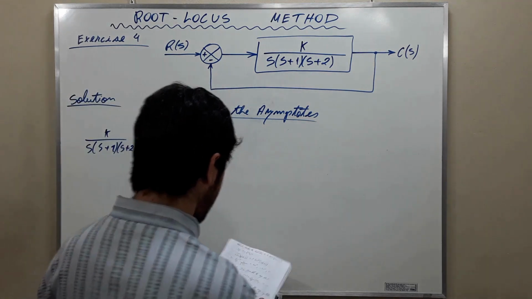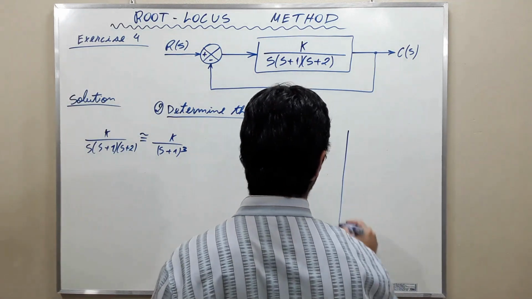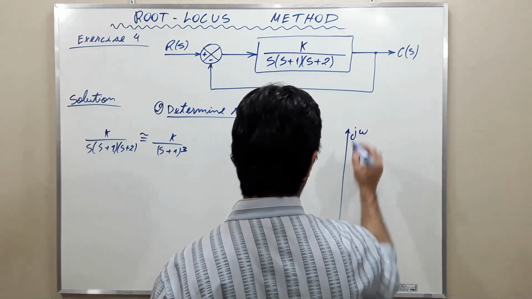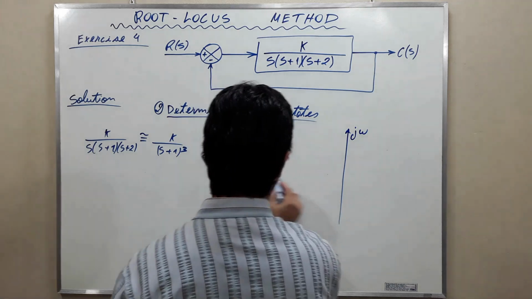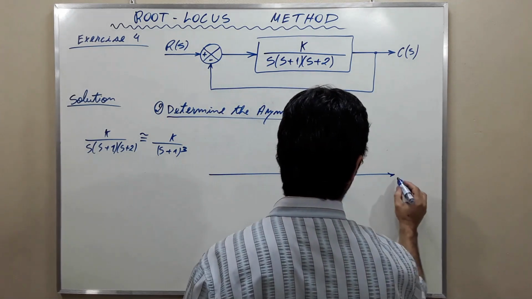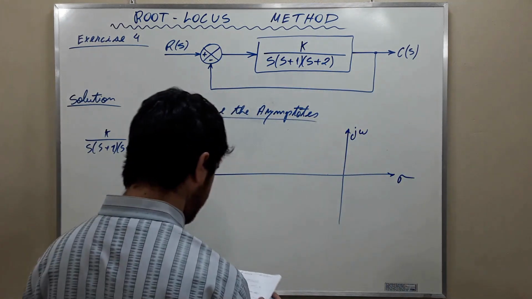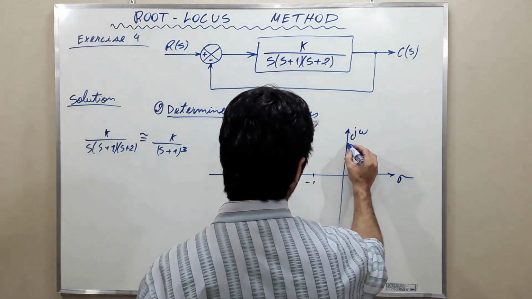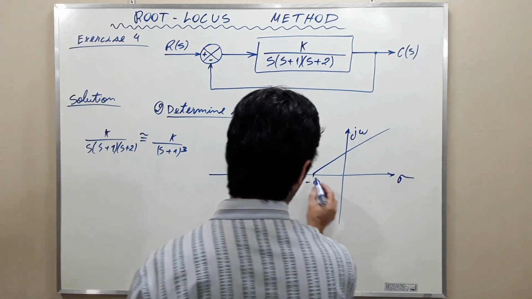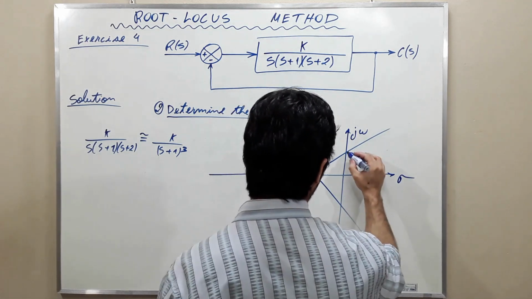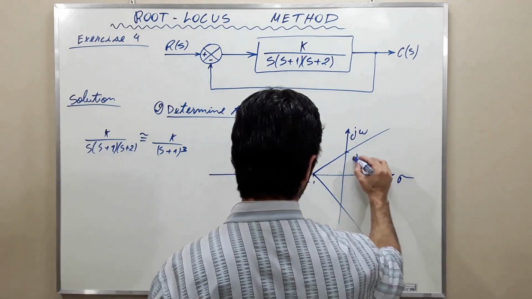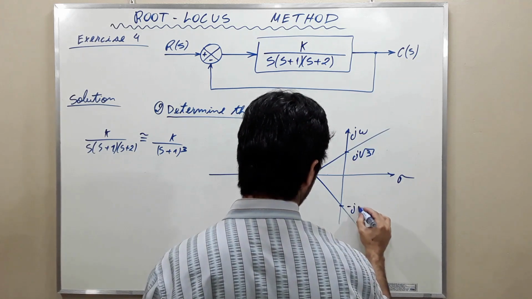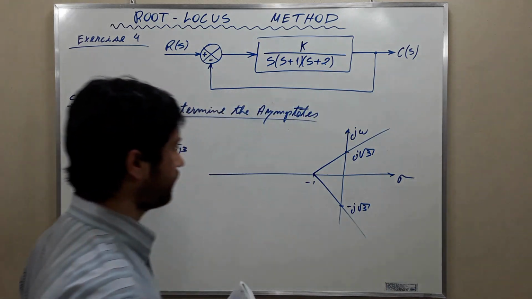And then we have here jw, and here sigma, here -1, this goes like this, goes like this, this is j square root of 3, and here minus j square root of 3.